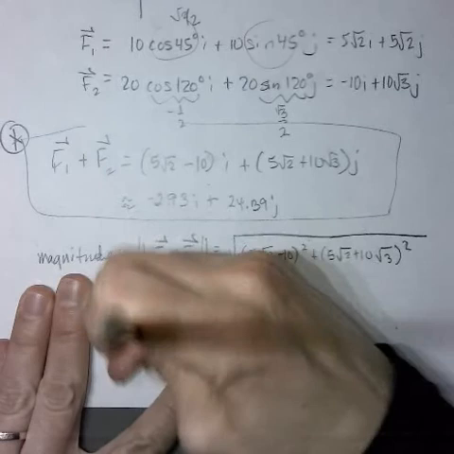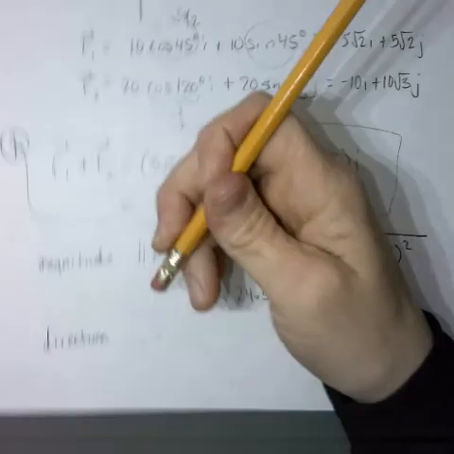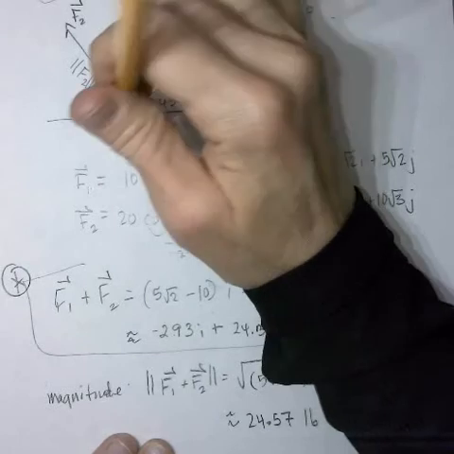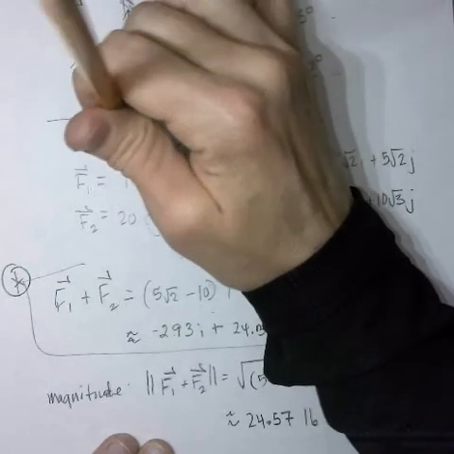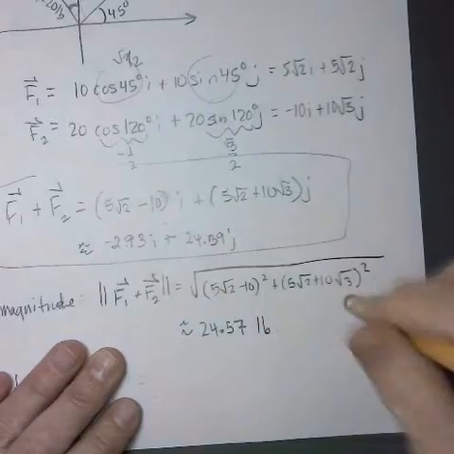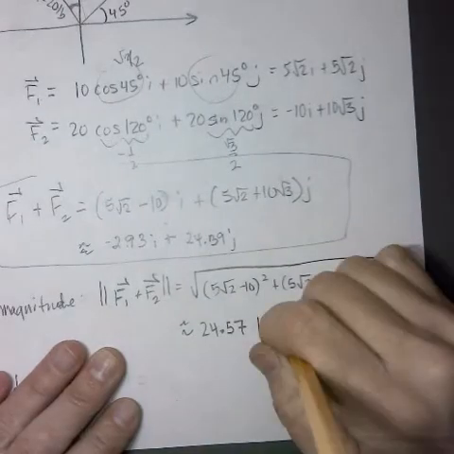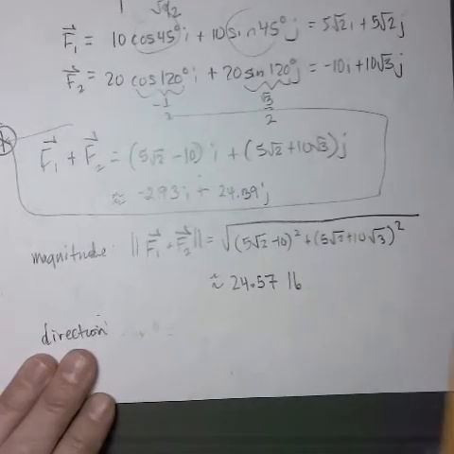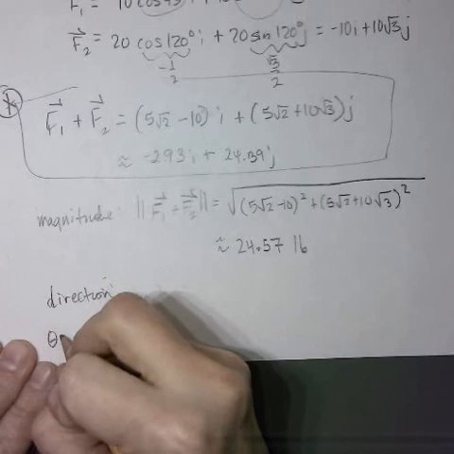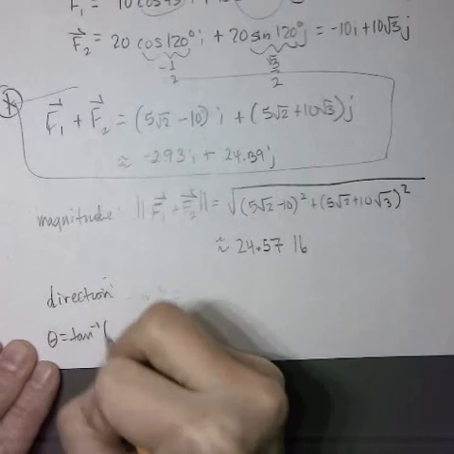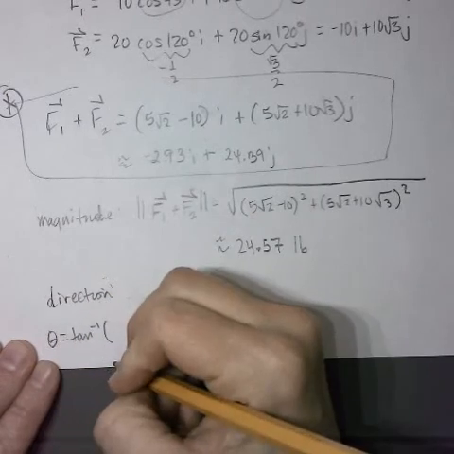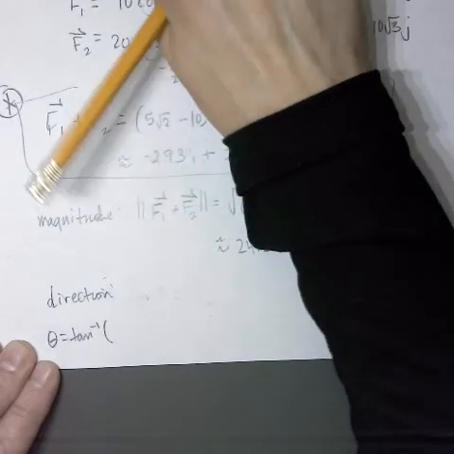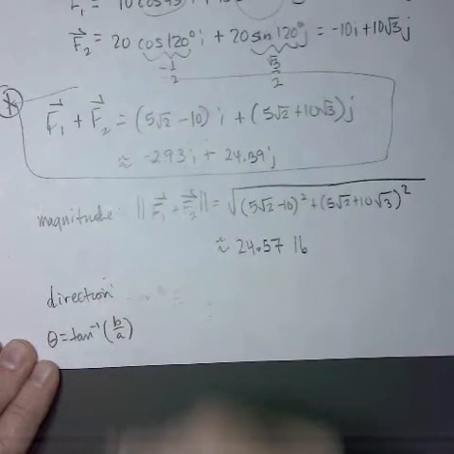If you're going to use cosine, you're going to have to use the horizontal component, that's the adjacent side, and then the magnitude will be the hypotenuse, the length of the hypotenuse. But just in general, theta is tangent inverse of b over a, and use that pattern.